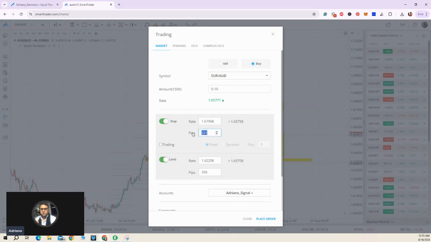So the stop loss is gonna be 200 pips. Take profit, let's do 350 pips. We can do 1 to 1 on this trade. I like to do a little bit more. Let's do 250 pips take profit. Let's place the trade.